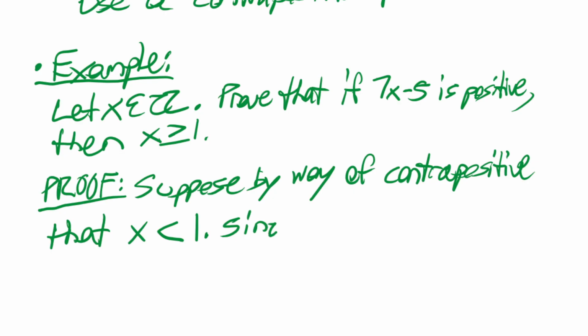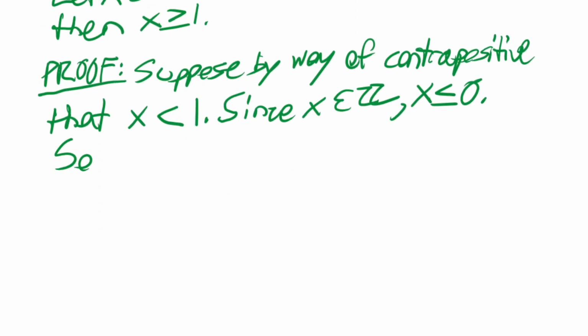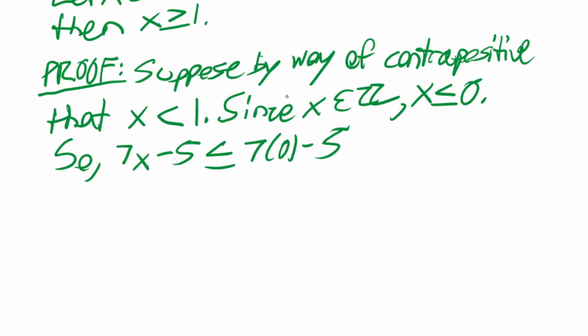So since x is an integer, x must be less than or equal to 0. So 7x minus 5 must be less than or equal to 7 times 0 minus 5, which implies that 7x minus 5 is less than or equal to negative 5.